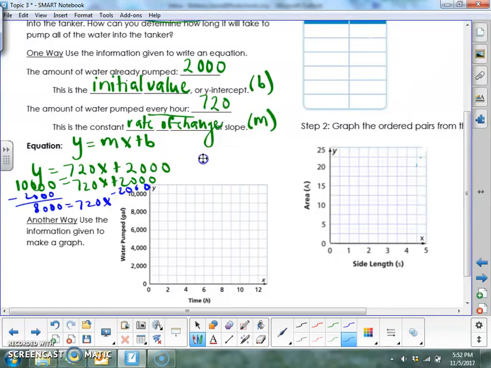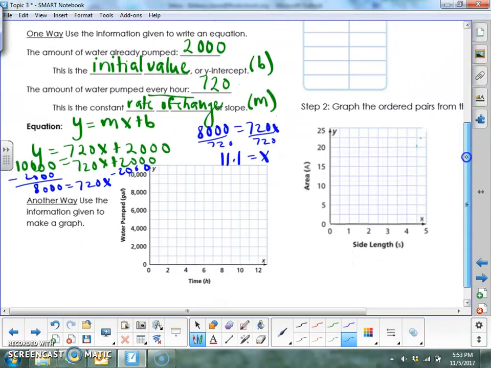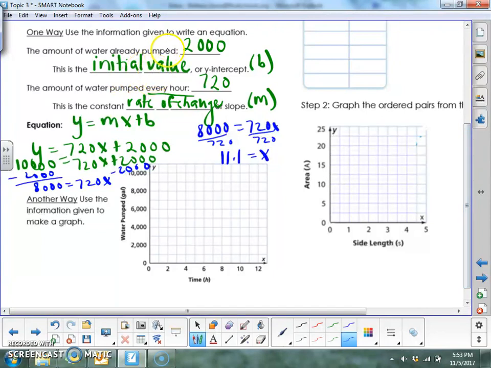And if I divide 8,000, sorry, I ran out of room, but if I divide 8,000 by 720, you're going to get around 11.1. So it's going to take over 11 hours to get all of the 10,000 gallons pumped out of the pool.